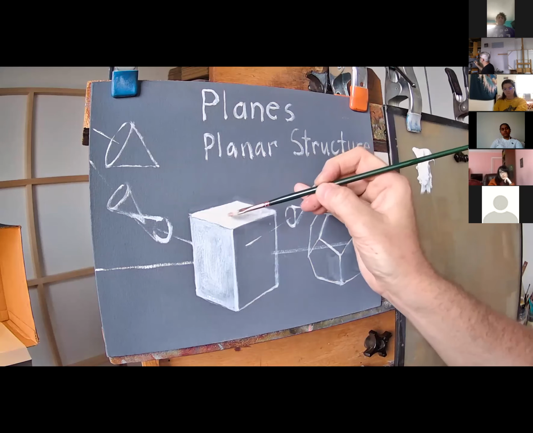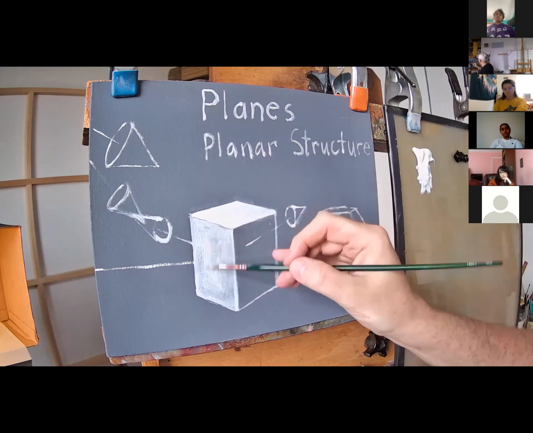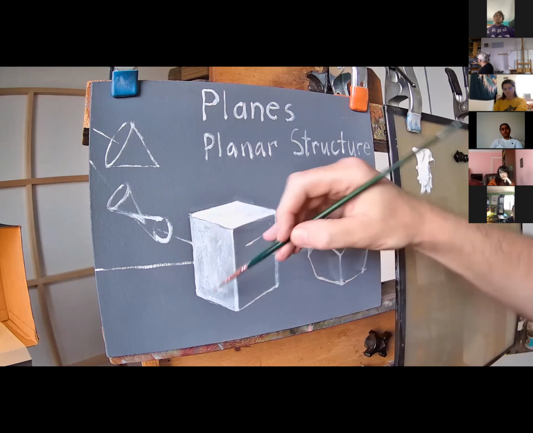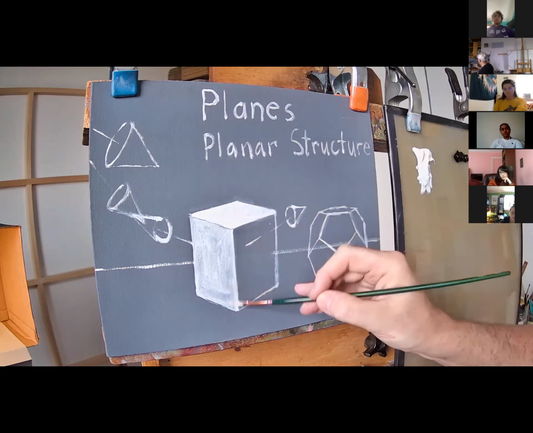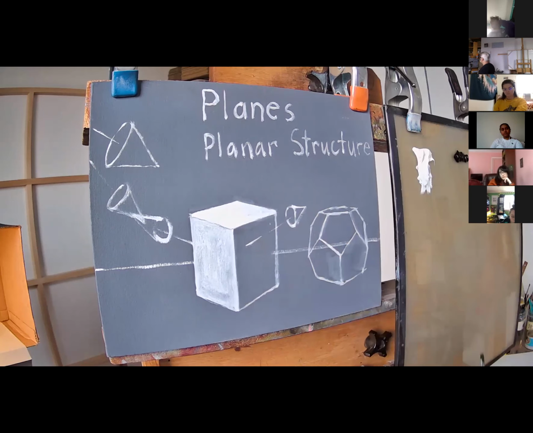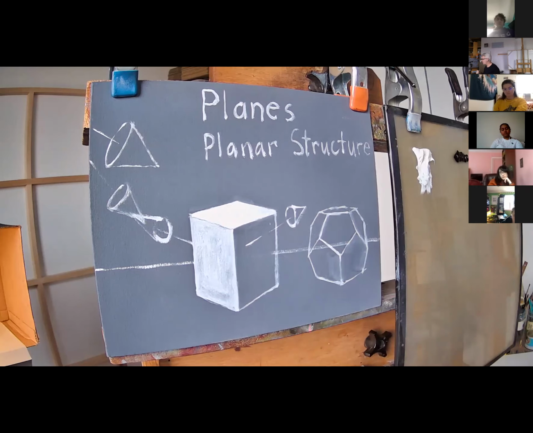So this plane is the most strongly illuminated. The plane on the left is slightly less illuminated. And then this plane is completely turned away from the light source.